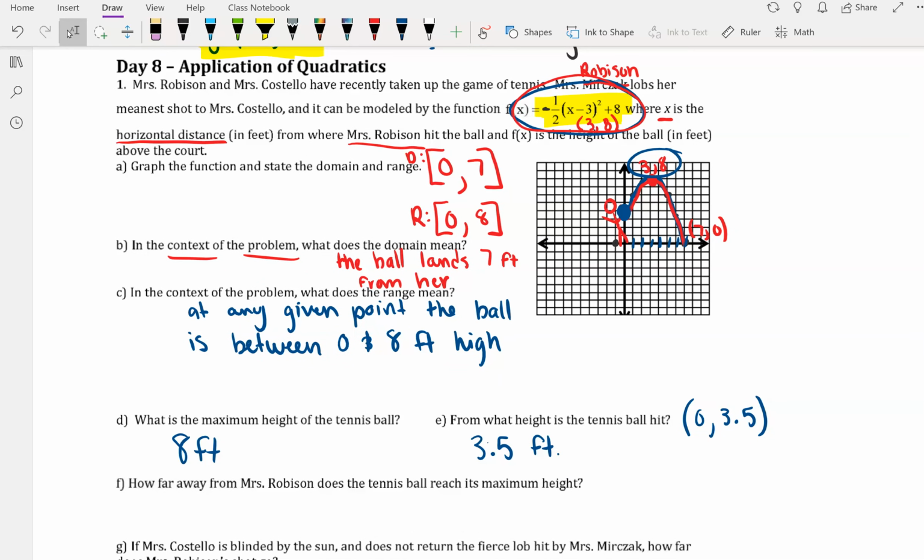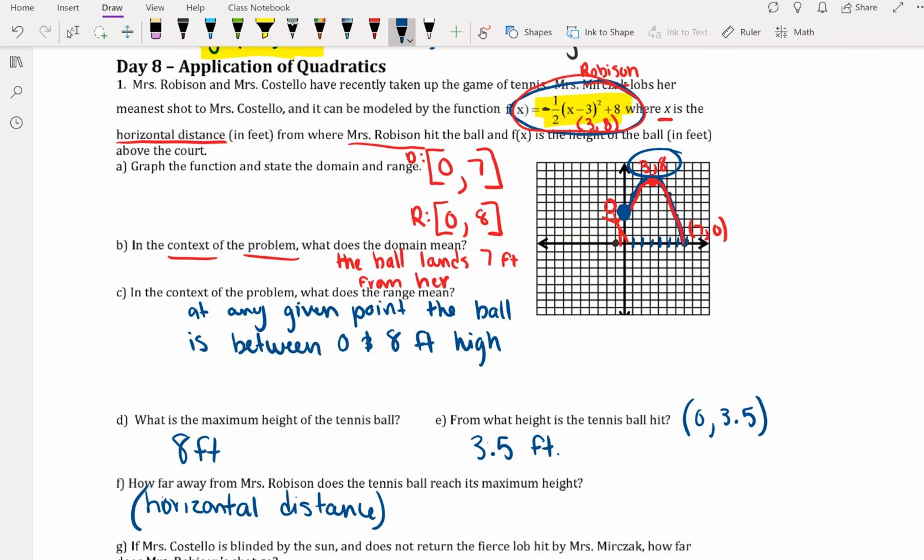How far away from Mrs. Robinson does the tennis ball reach its maximum height? So what we're talking about here is horizontal distance. Oops, it's not 2 words. I don't know why I made it 2 words. Sorry, guys. Horizontal distance.